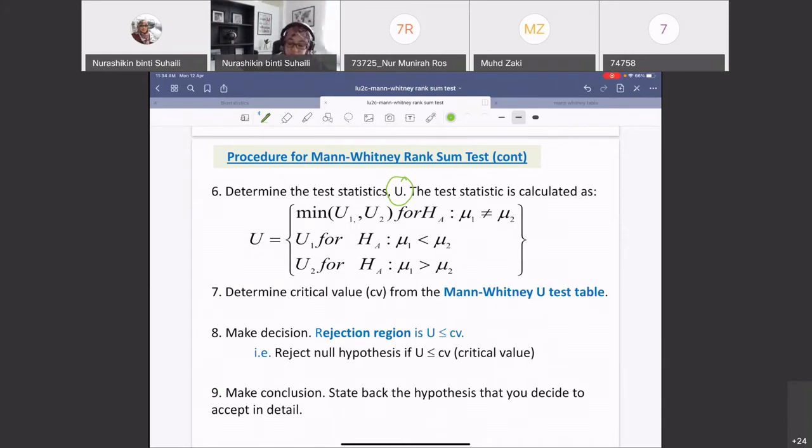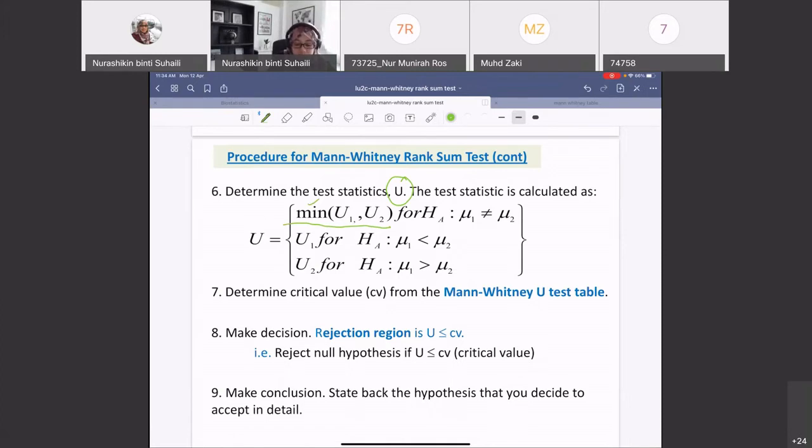So in the first case, if the test is to tell whether mu1 is not equal to mu2, then U will be equal to the minimum value between U1 and U2. I've mentioned what this function is all about.